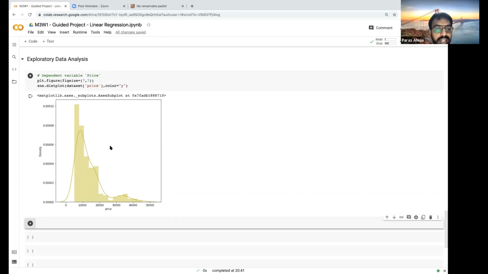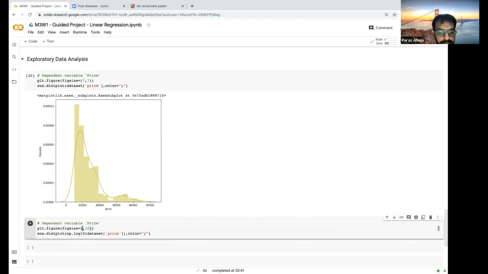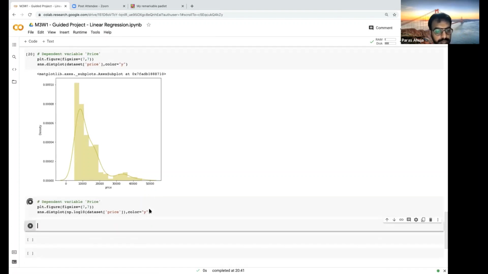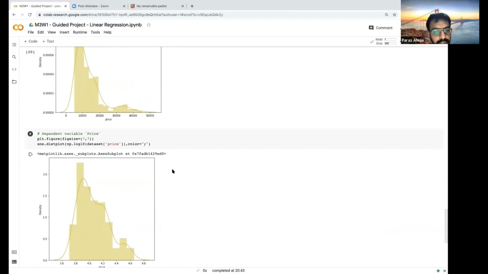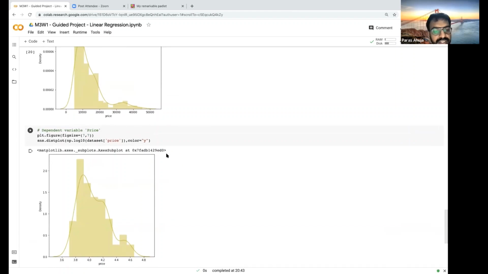Okay, so now I'll do one transformation, that is a log 10 transformation. If you see now, what's the difference? On the x-axis, earlier the differences were 20,000, 50,000.